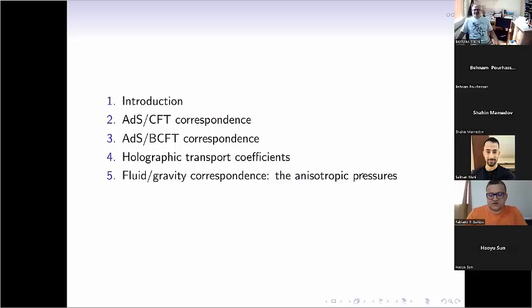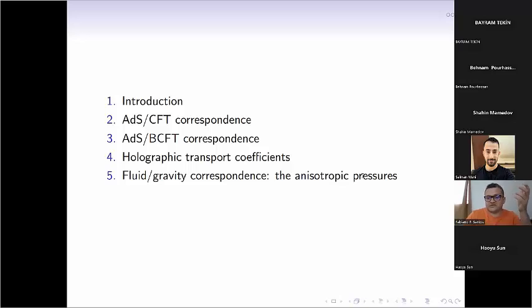This is the summary of my presentation. I will perform a small introduction about the AdS/CFT correspondence and discuss some applications. Then I will talk about the AdS/BCFT correspondence and why this new extension is good to describe some problems that appear in the description of strongly coupled systems using the AdS/CFT correspondence.